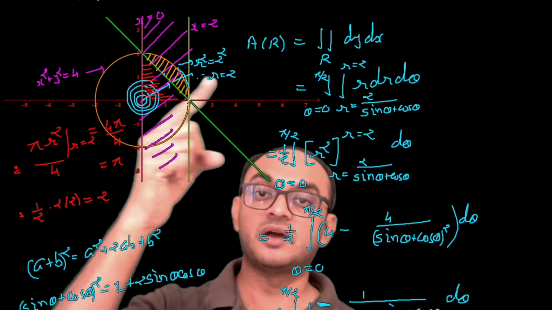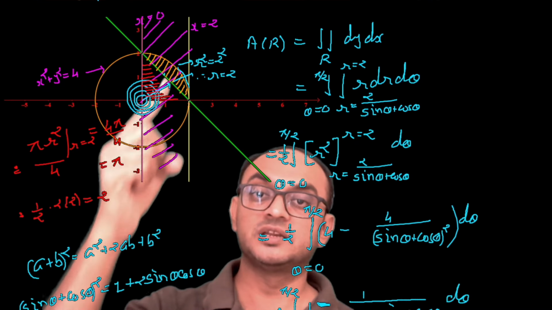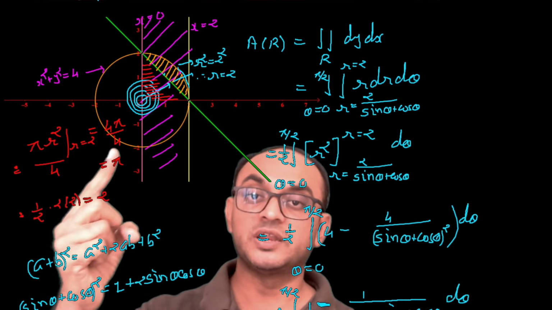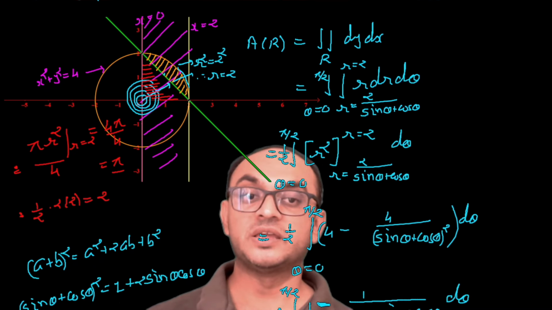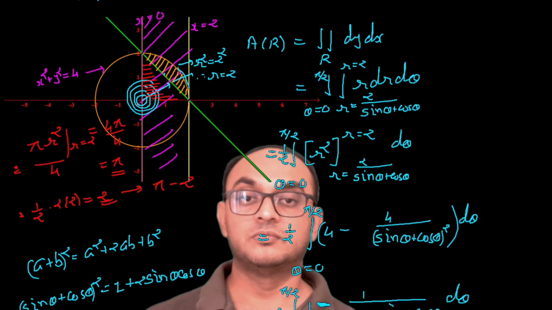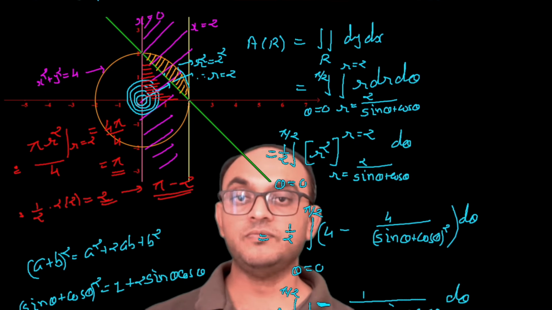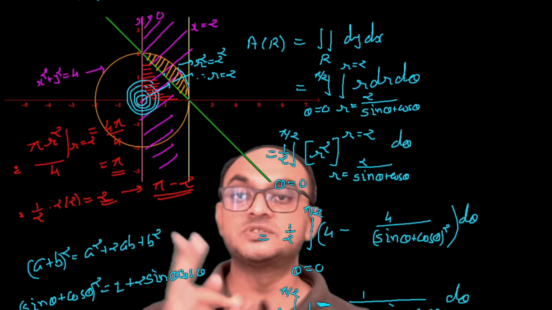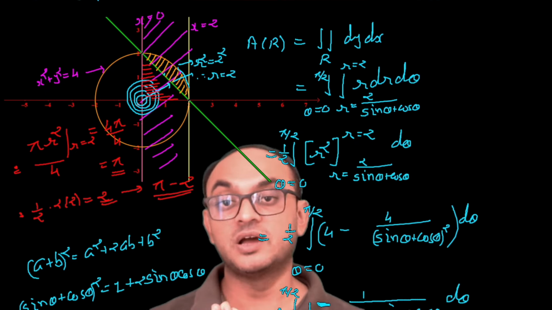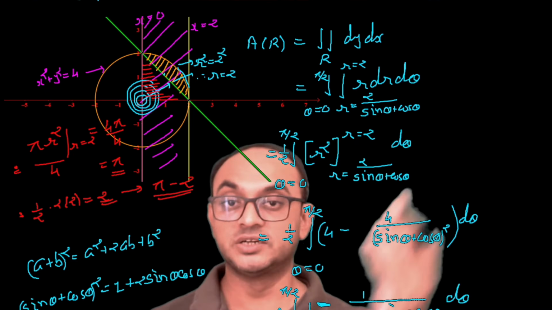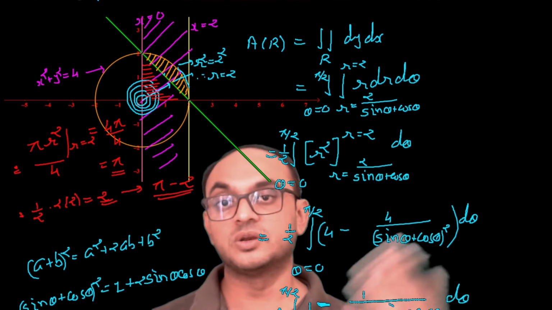So the area of this region is the total area minus this, which is pi minus 2. Sometimes you can use this kind of trick, but if you want to find the area using double integration, then this is the only method.